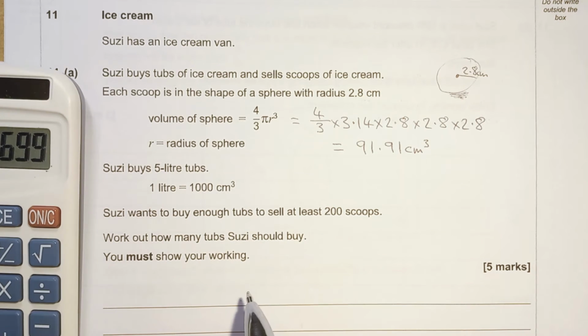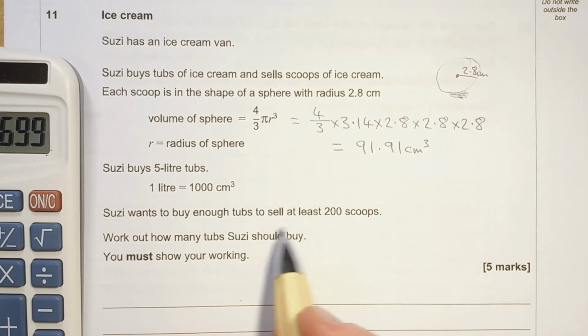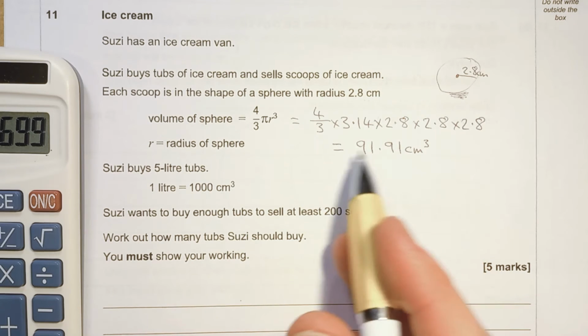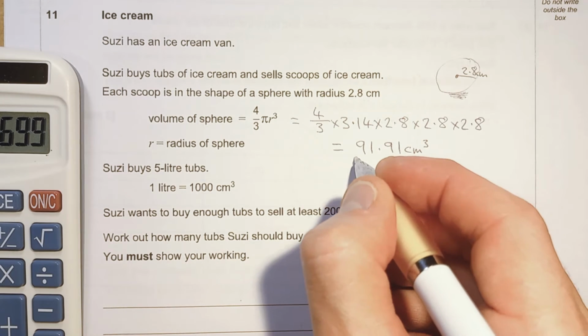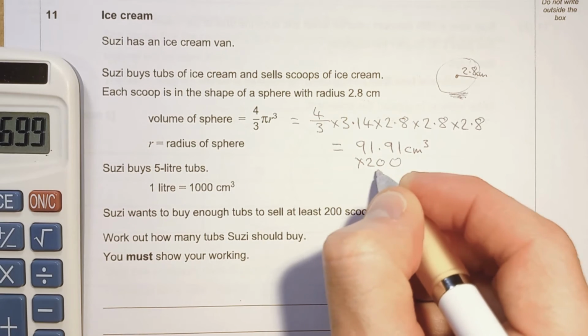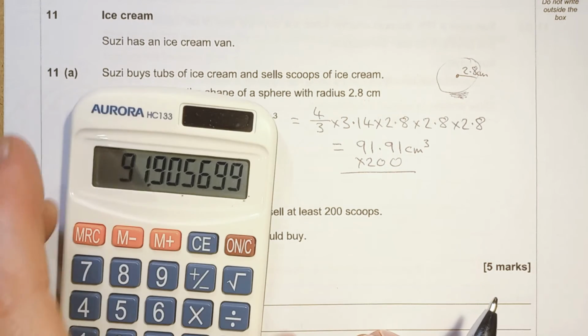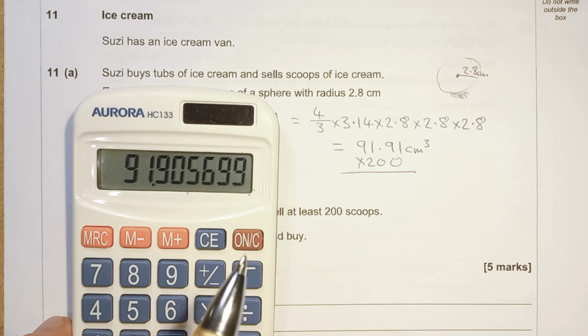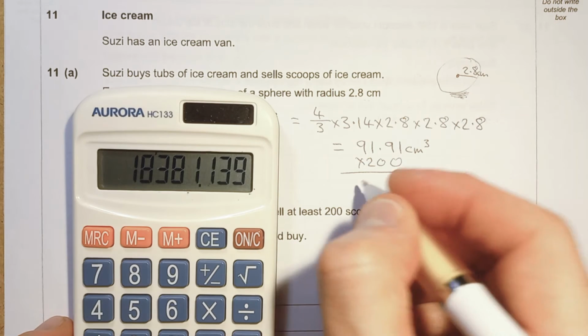She wants to buy enough tubs to sell at least 200, so we want to know how big 200 of these would be. I'm going to keep what's in there, not clearing it, and multiply that by 200.